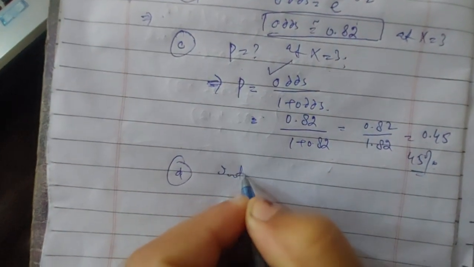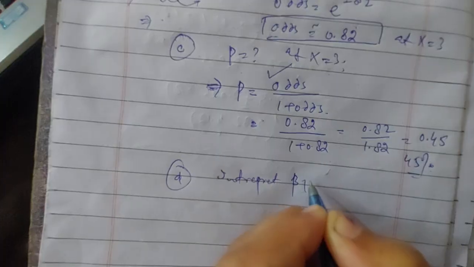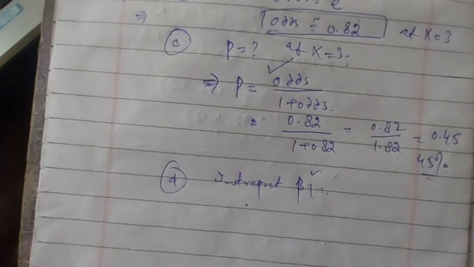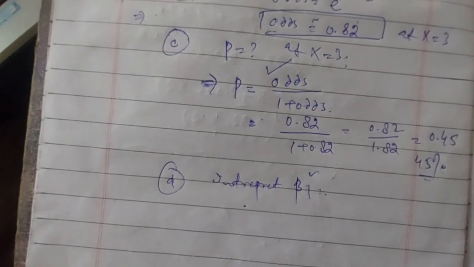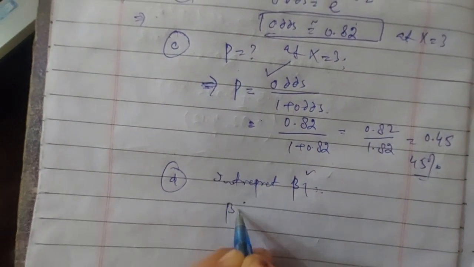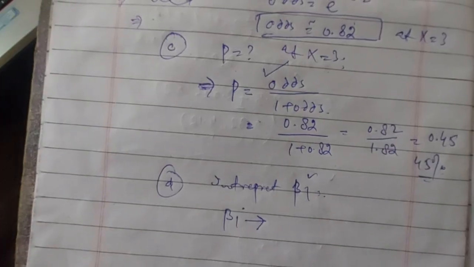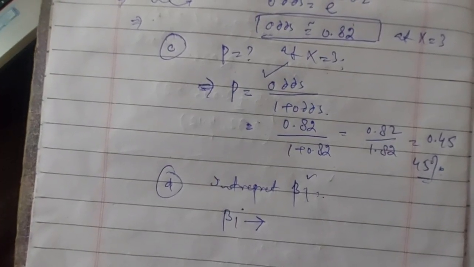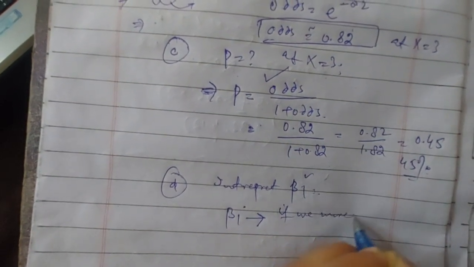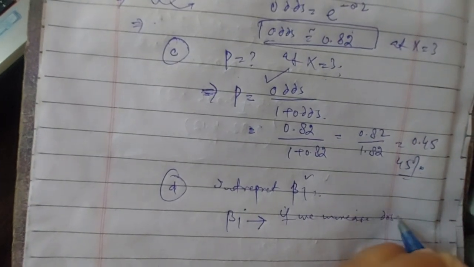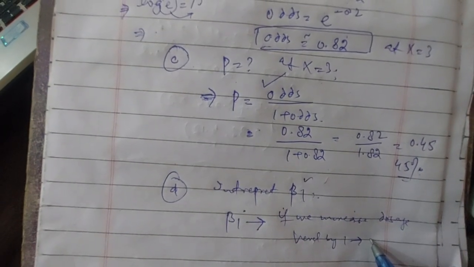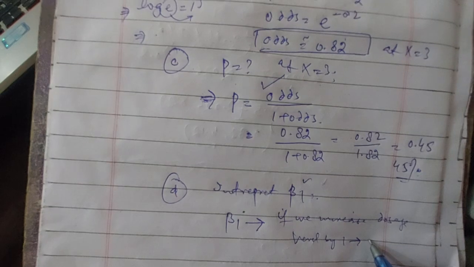Now we know that beta 1 is the slope actually, and it shows that if we increase the dosage level by 1, how many chances of recovery it multiplies.